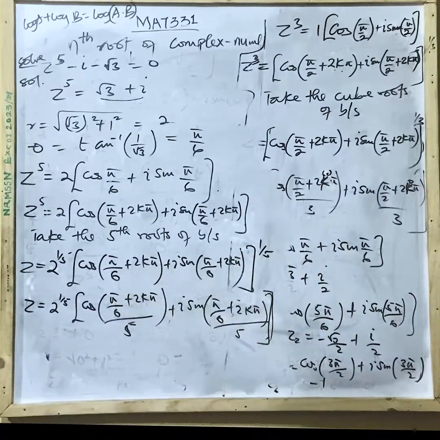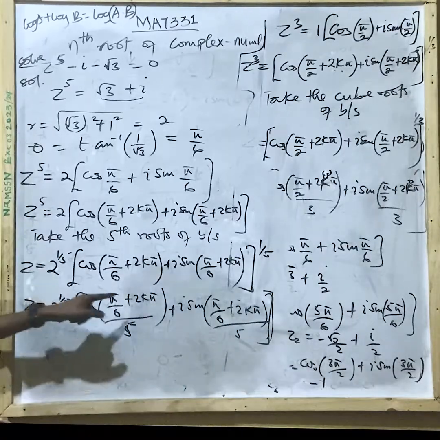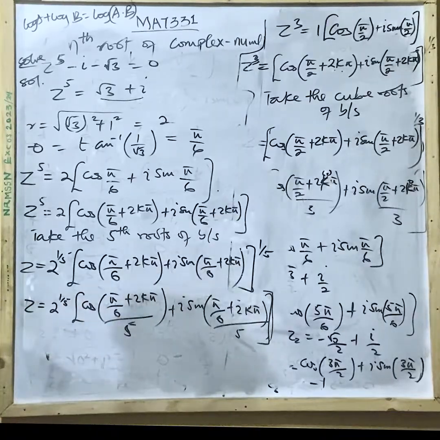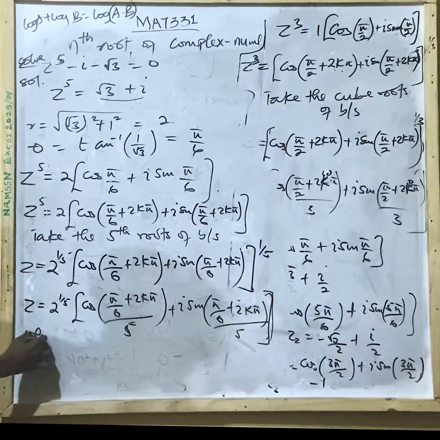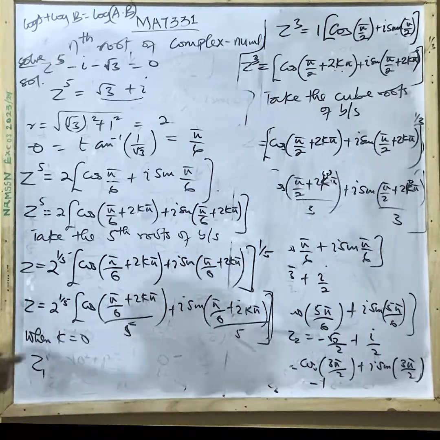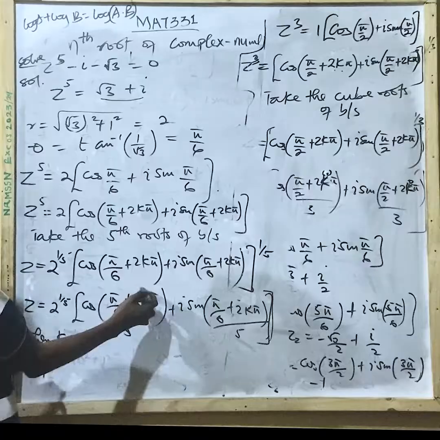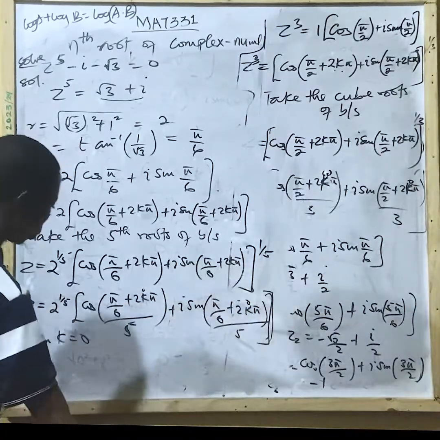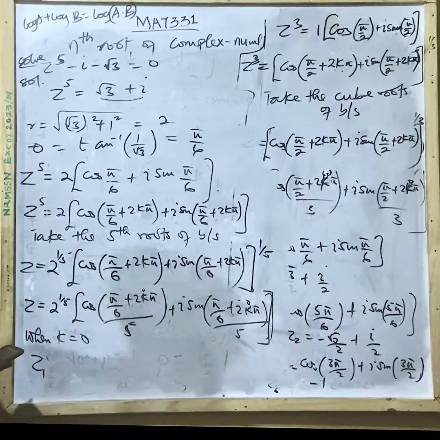Then we start writing our solution. Don't forget that this k is the counter, so we set k to 0, 1, 2, 3, 4. When k equals 0, that gives us z1. This part is 0, so we have pi over 6 over 5, which is pi over 30.